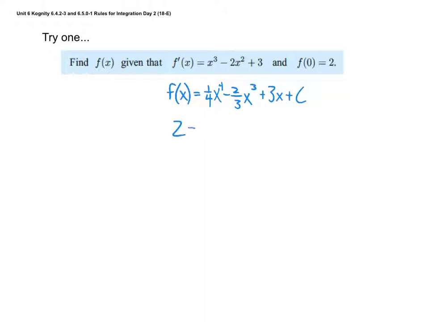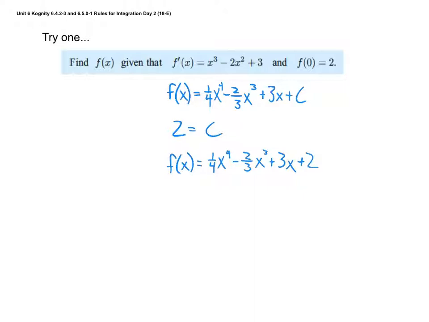So 2 is equal to c. And then you plug in 2 for c to rewrite it. That's right.